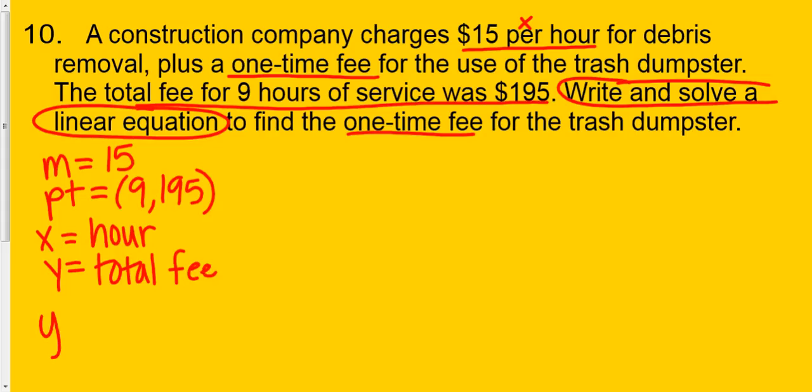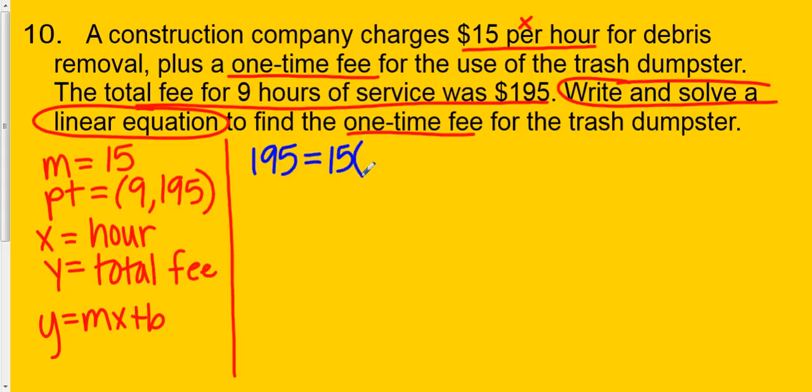Again, we're going to keep using the equation y equals mx plus b when we can to solve these story problems. Let's go ahead and start and solve for b. I'm using, again, the equation y equals mx plus b. For y, I'm going to put in 195, set it equal to, and then 15 is my slope, 9 is my x-coordinate, and plus b.